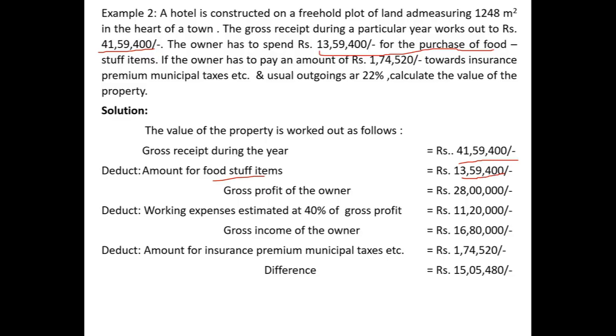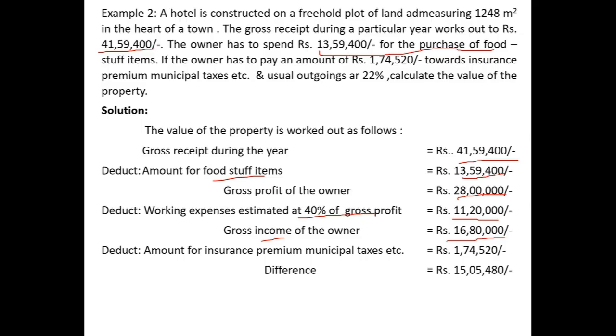So the gross profit of the owner will be 41 lakh 59,400 minus 13 lakh 59,400, that is 28 lakh. Working expenses are given as 40% of the gross profit, so 40% of 28 lakh is 11 lakh 20,000. So gross income of the owner will be 28 lakh minus 11 lakh 20,000, that is 16 lakh 80,000.